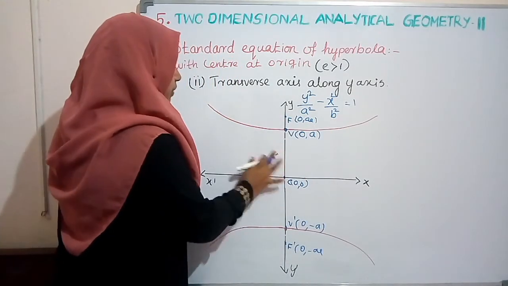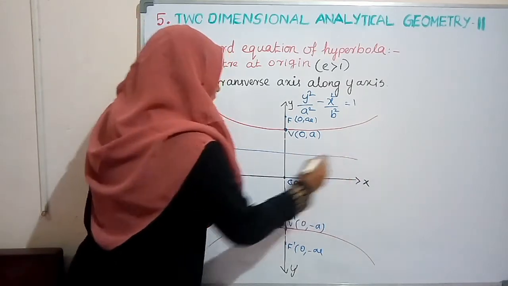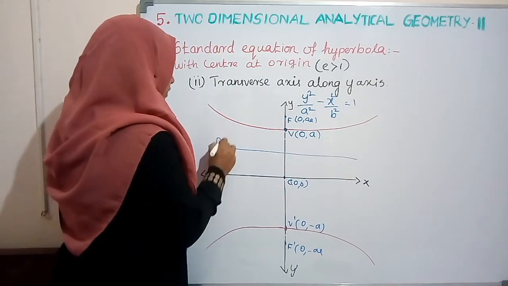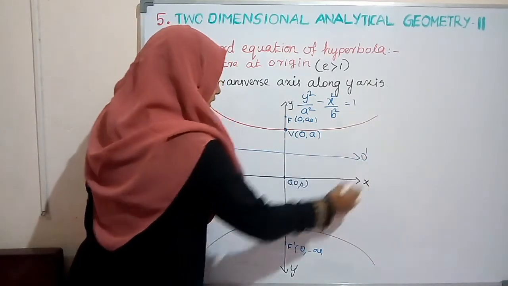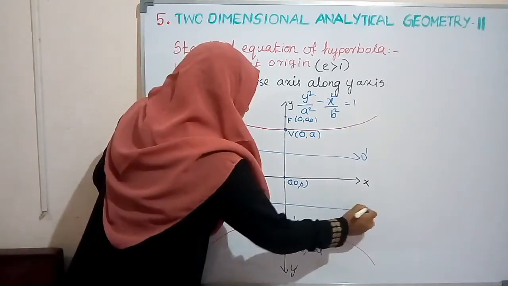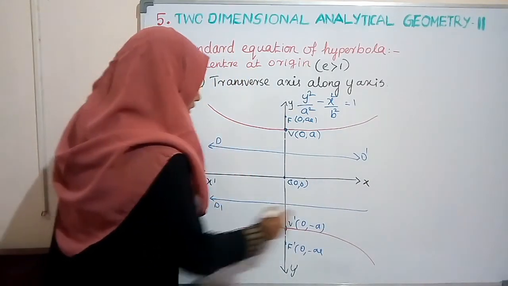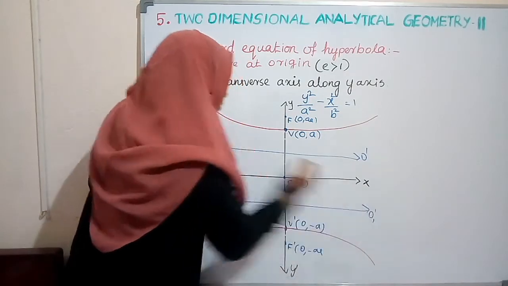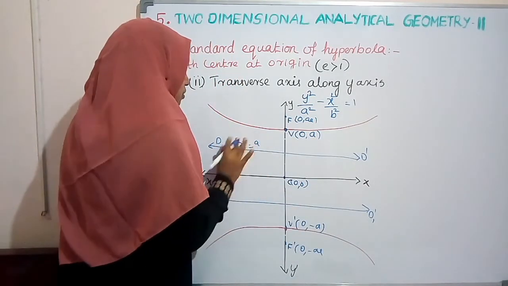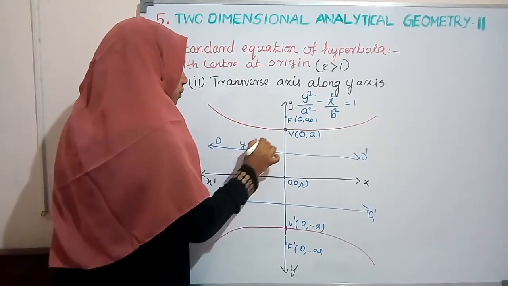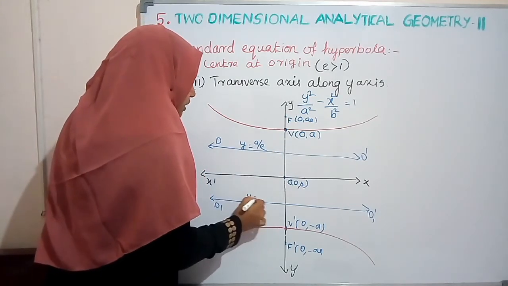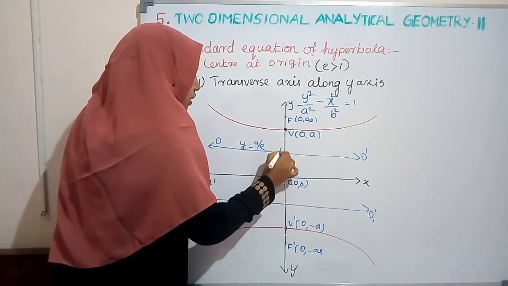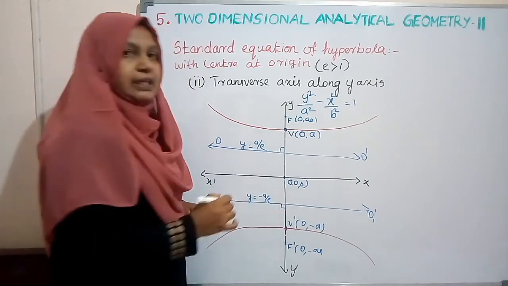And you can mark the directrices. We can mark it as D dash and on this side D1 dash. So the equation is y is equal to a by e, and here y is equal to minus a by e, because it is perpendicular to the y-axis.